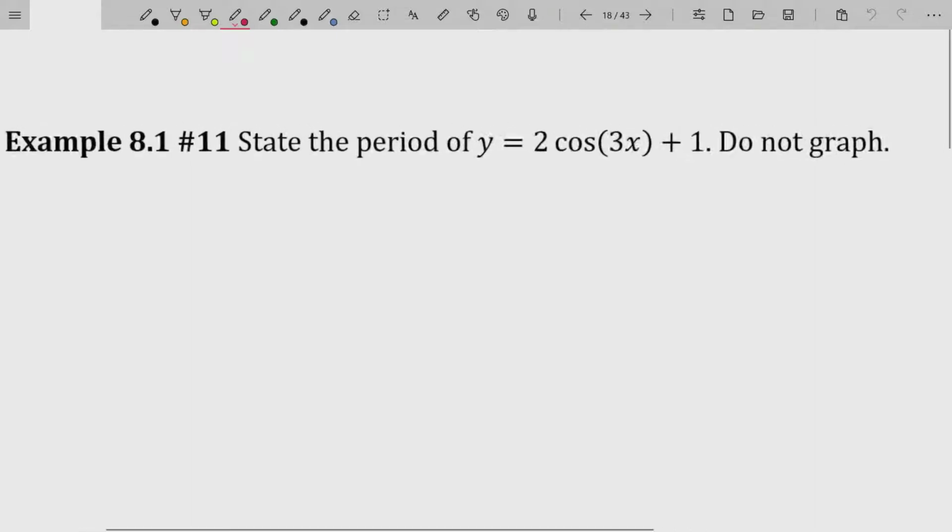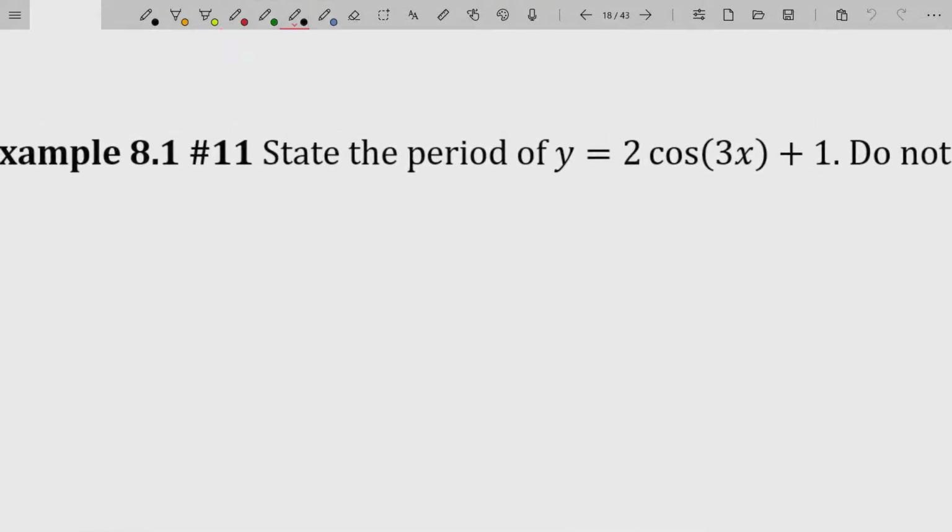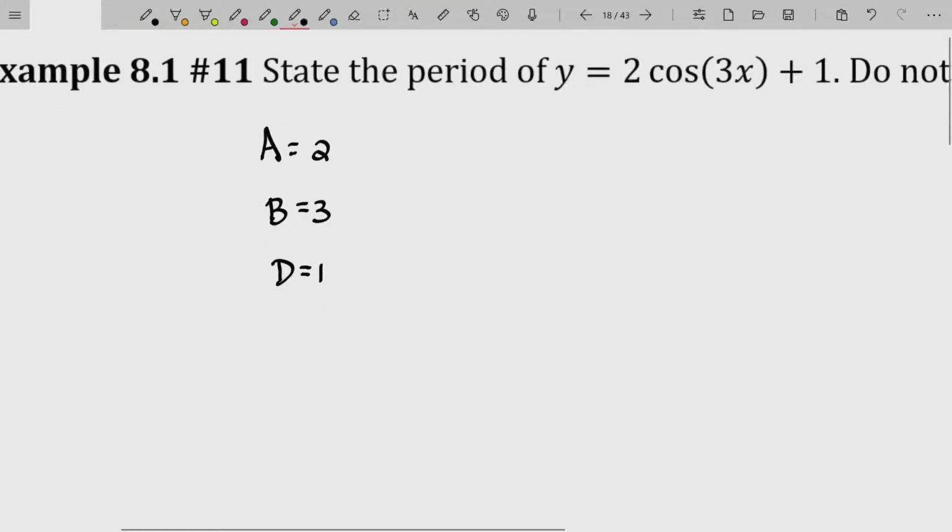Now, if you are one of those people who like to letter everything, a here is equal to 2, b here is equal to 3, and d here is equal to 1. I do not normally like to do that, mainly because it's too algorithmic for me. I really like a natural understanding of how this goes. So anyhow, the period of this function by our theorem is going to be 2 pi over the b, or 2 pi over 3.